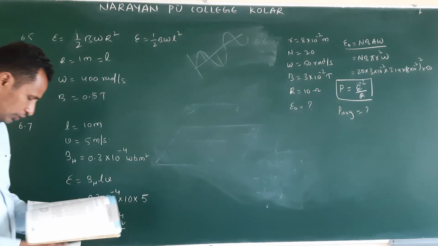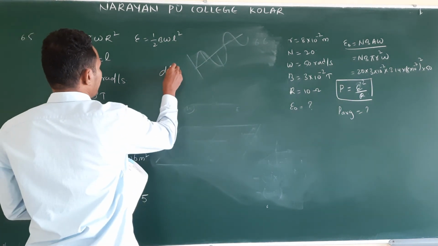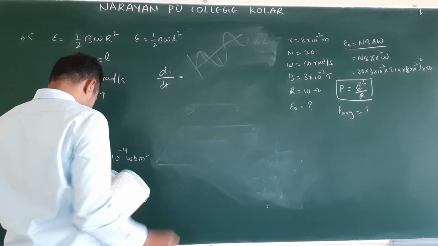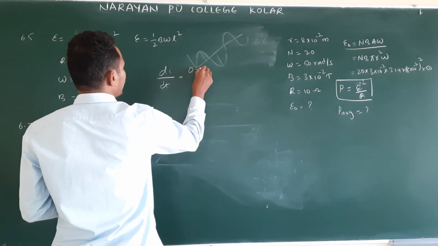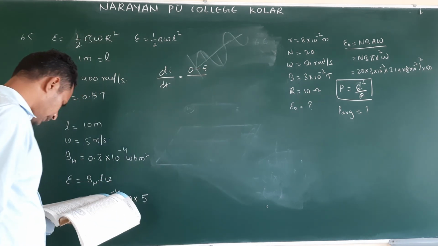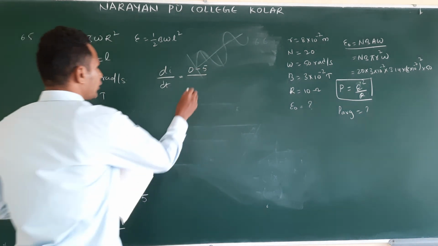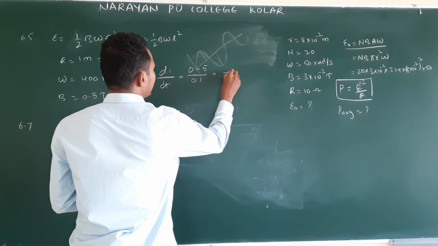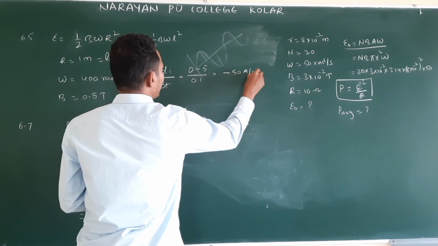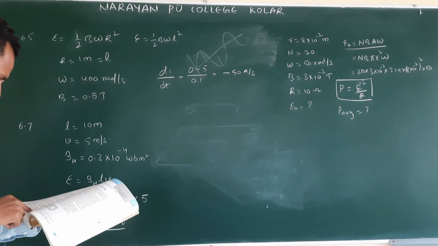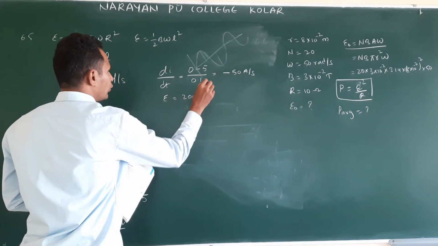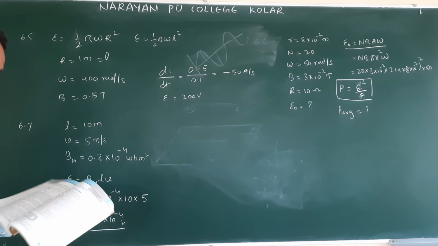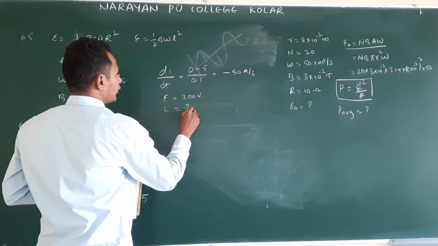So di by dt is given. Current varies from 5 to 0. Finally it is 0, initially 5, in how many seconds? 0.1 second. This is minus 50 ampere per second. If the average EMF E is equal to 200 volts, they are asking for self inductance L. What is the formula?